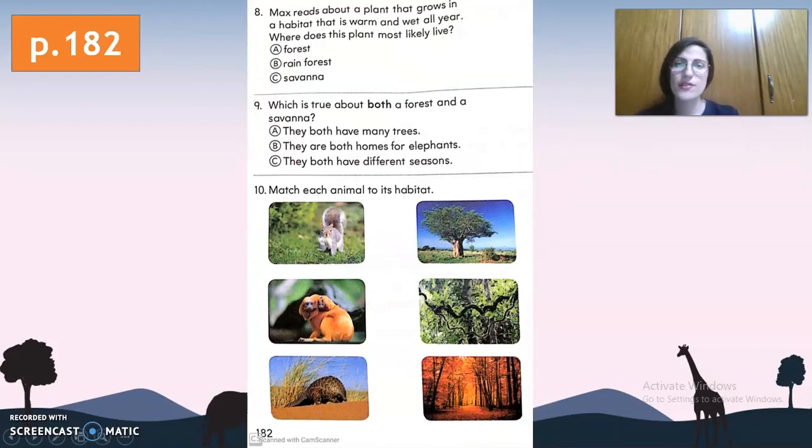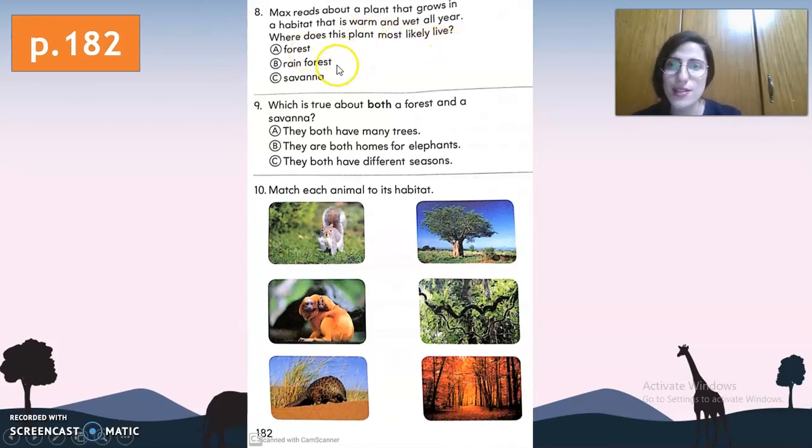Now, we move on to number 8. Max reads about a plant that grows in a habitat that is warm and wet all year long. Where does this plant most likely live?